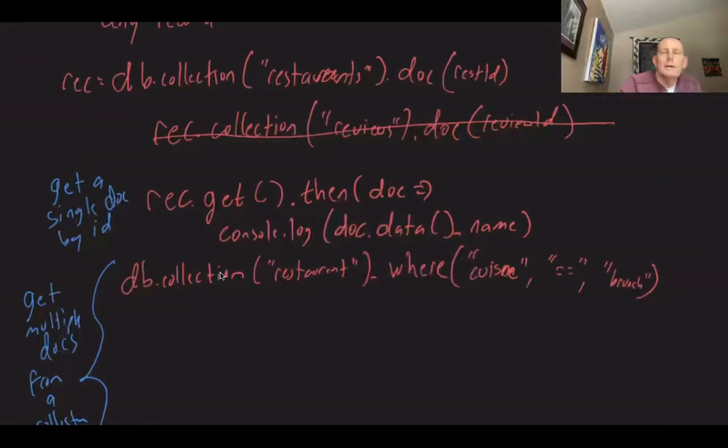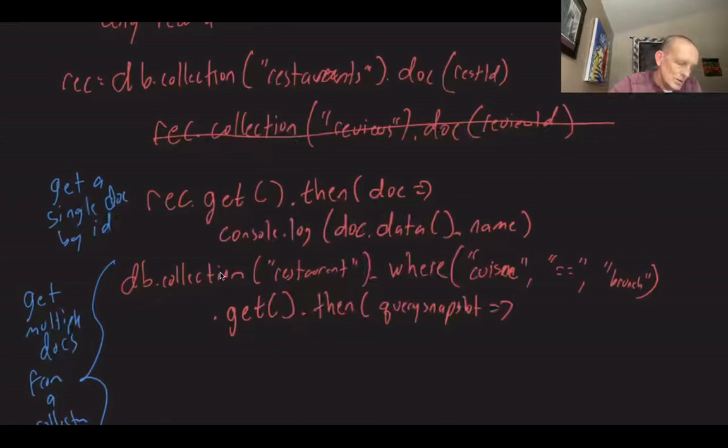We can go ahead and for our query, we do a get. And then again we have a callback routine that's passed, and we get a query snapshot passed into that routine. What you can do with a query snapshot is basically iterate over it.